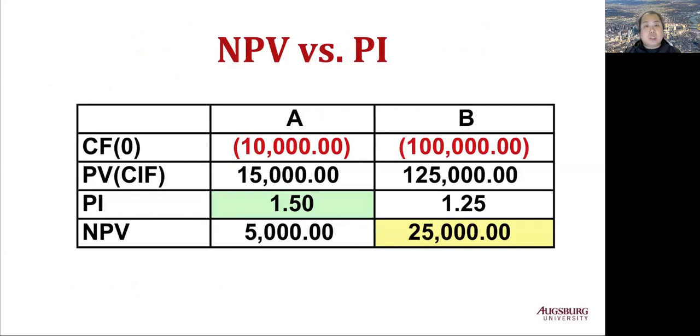The size of the initial cost of project A is only 10% of project B, $10,000 versus $100,000. It means that the PI, which is a fraction, may be higher for smaller projects, but does not generate more cash flows. To maximize shareholders' wealth, we need to maximize cash flows. So follow NPV.